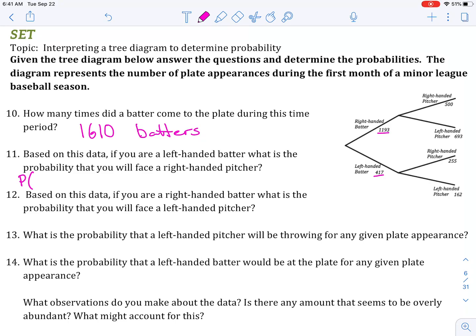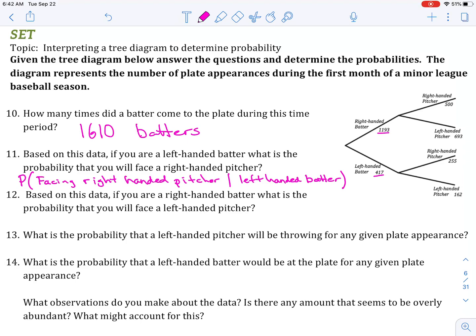So this is the probability of facing a right-handed pitcher given that you are a left-handed batter. So this is just what we did before, okay?